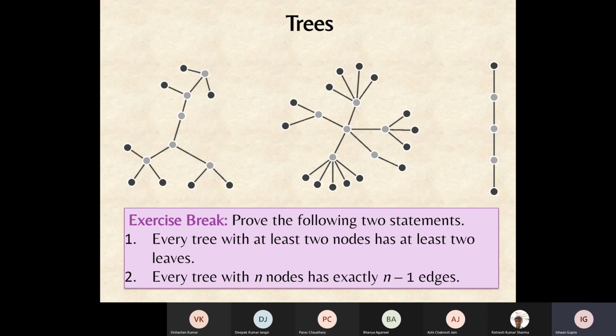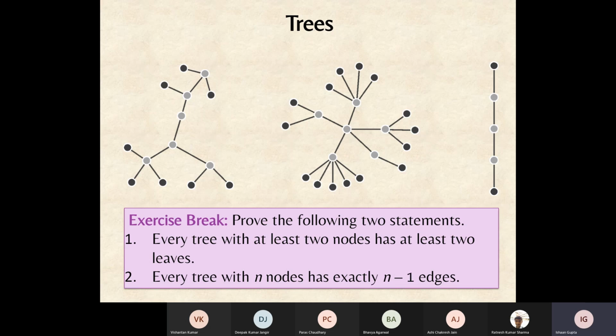All right. So there are these two statements that we have to think about. The first statement is that every tree with at least two nodes has at least two leaves. Is this obvious? If you have a tree with two nodes, it will have at least two leaves. Yes, sir. So there are these two theorems about trees.